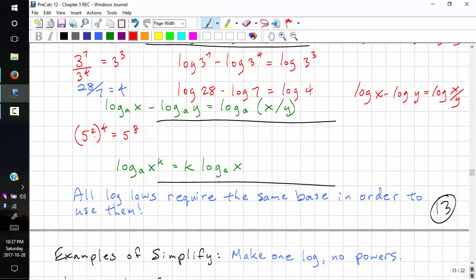And for the power of a power law, we multiply the exponents, log 5 to the power of 2 to the power of 4, and we can just bring the exponent out front. 4 log 5 to the power of 2.